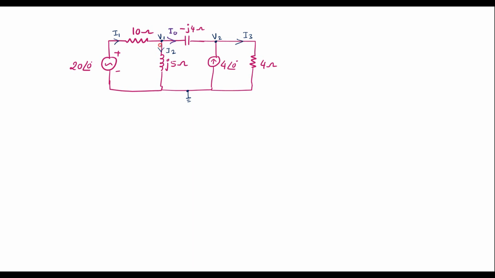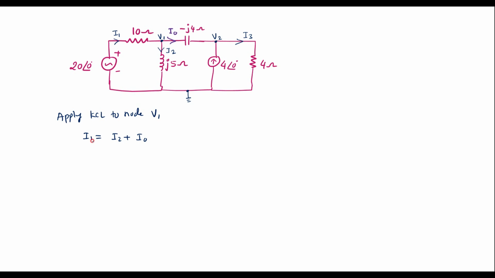Let me apply KCL to node V1, that is incoming current is equal to outgoing current. Here I1 is equal to I2 plus I0. So in node analysis we are supposed to express this current in terms of node voltages.